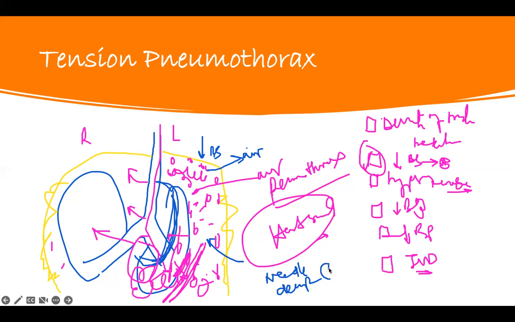I don't think they will ask you too much, but between 14 and 16 gauge, a big needle, into the second intercostal space at the mid-clavicular line, or fourth or fifth intercostal space at the anterior axillary line. So one is MCL, the other one is fourth and fifth AAL. So second intercostal space, mid-clavicular line, or fourth to fifth intercostal space, anterior axillary line.